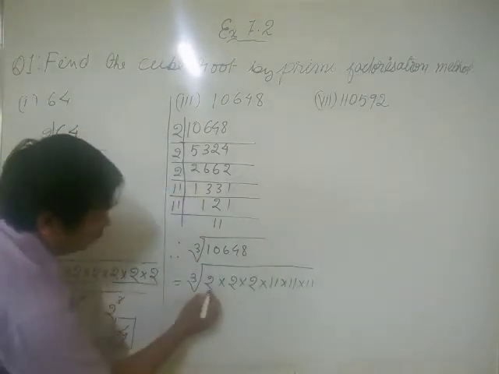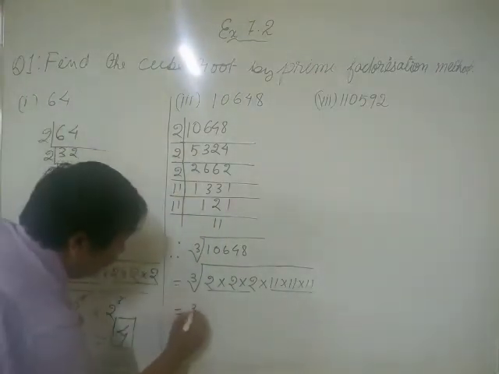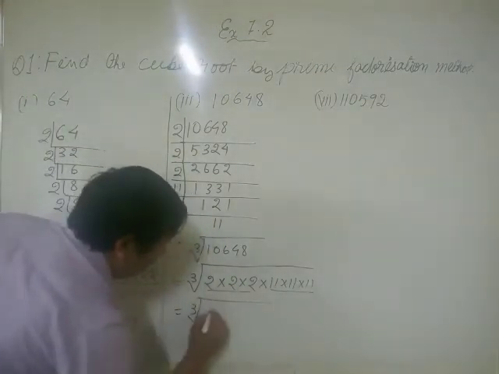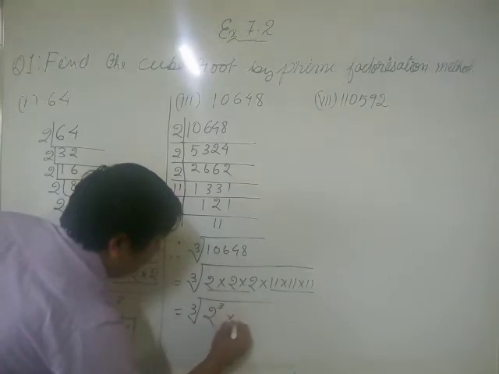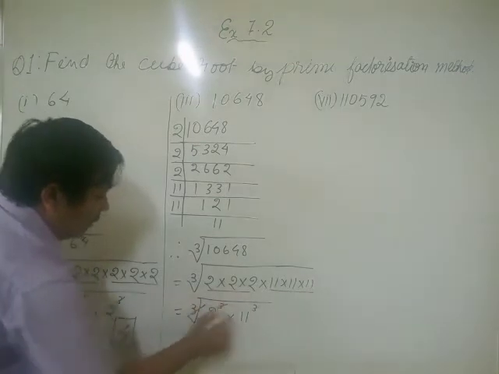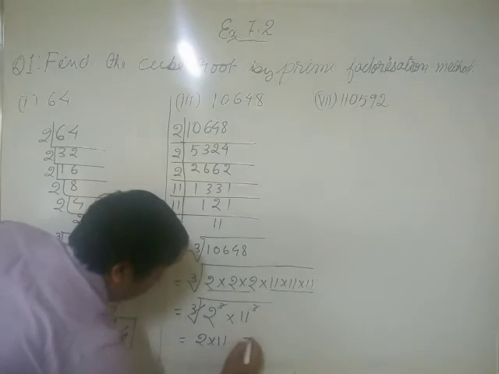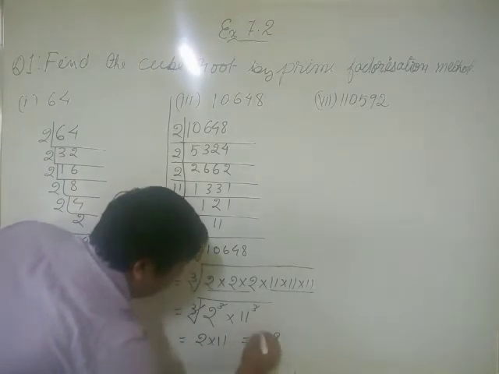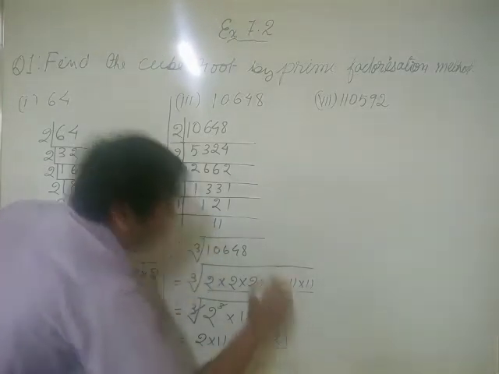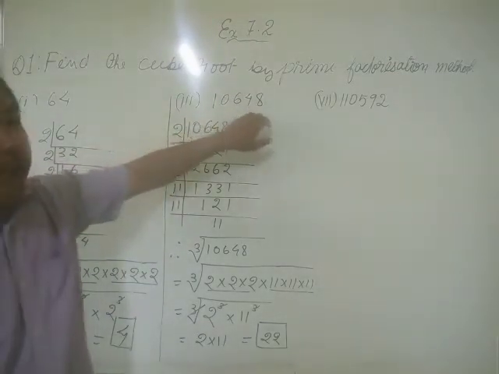We group these threes. Then we have cube root over 2 to the power 3 into 11 to the power 3, like this, isn't it? So this cube root and the cubes can be cancelled. Then we get 2 into 11, which is 22. So 22 is the cube root of the number given here, 10648.